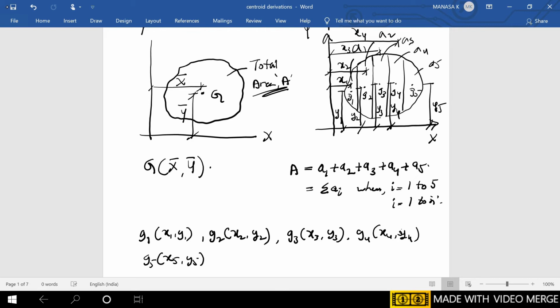So these are the coordinates of the elemental strips which you are considering in the figure.